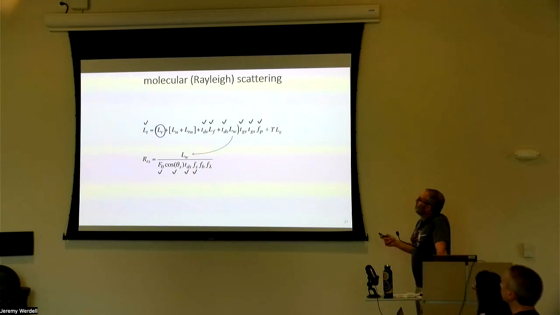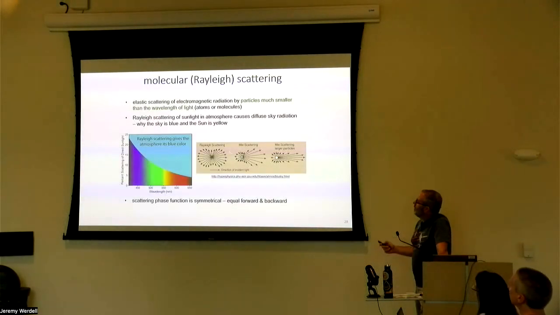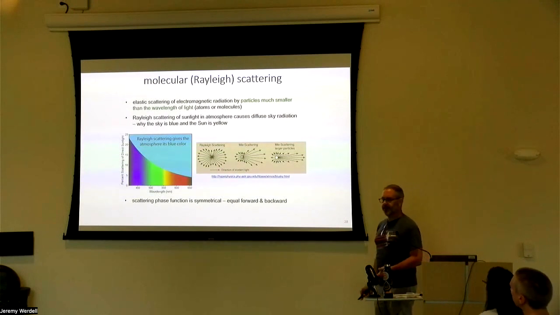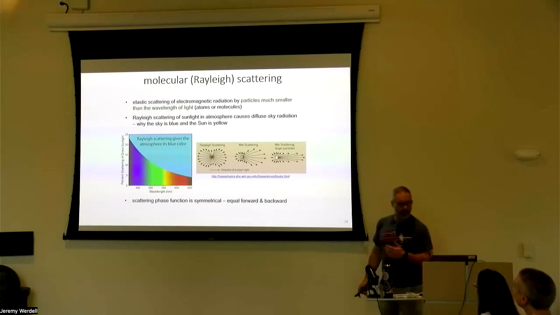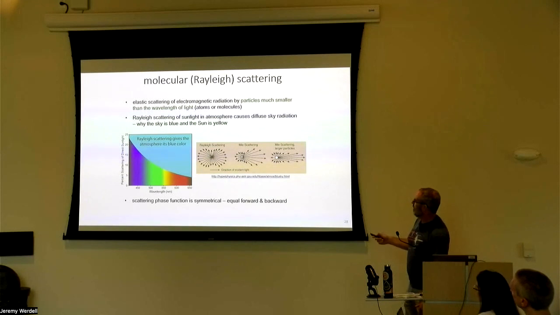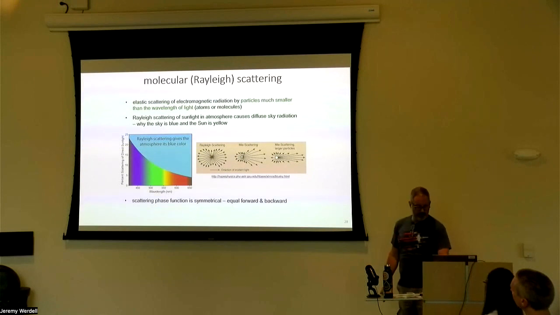Okay, Rayleigh scattering. So this is molecular scattering in the atmosphere. You have probably seen something like this in your labs already. So let's not belabor that other than to say that we're looking at this here with a scattering phase function that's symmetrical.